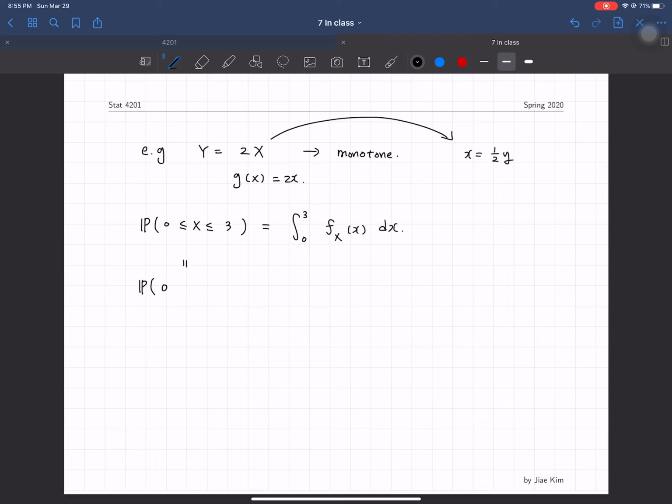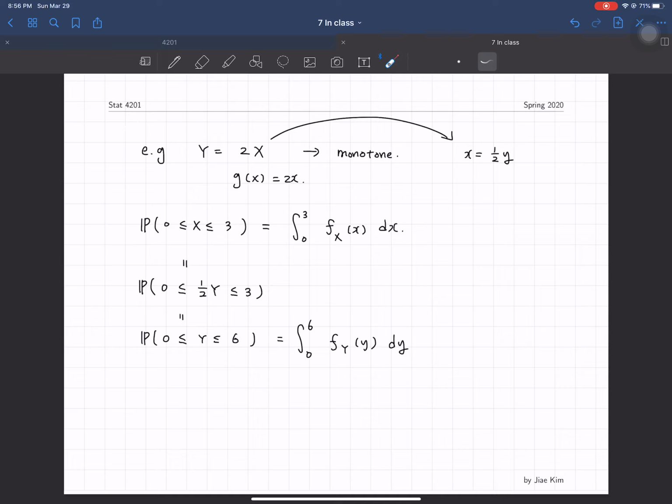So that is the same as half of y, which is indeed x, being between 0 and 3, which is the same as the probability of y being between 0 and 6. So in this case, if we knew the density function of y, we would compute this integral, where f sub y is the density function of y. So we would integrate the density function of y from 0 to 6.